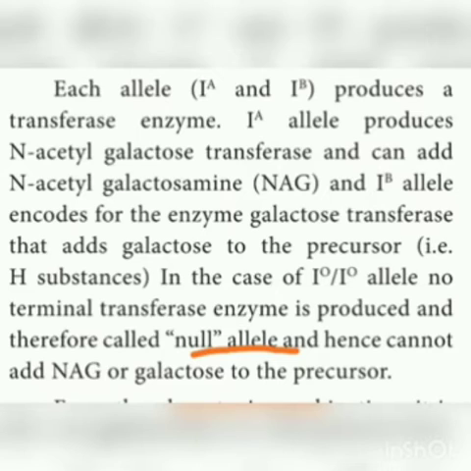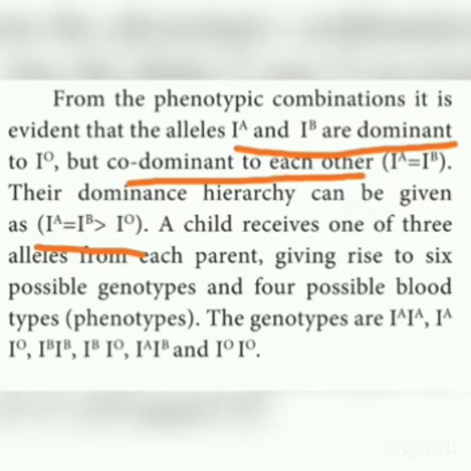IA and IB are codominant to each other, and in the case of IO, there is no terminal transferase enzyme, therefore it is called a null allele. IA and IB are dominant to IO.